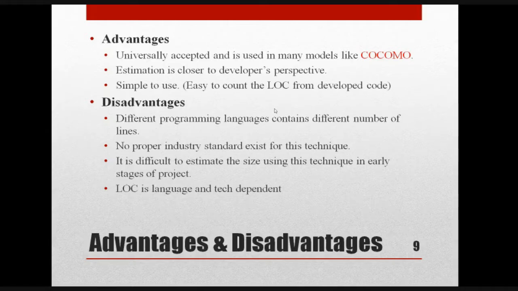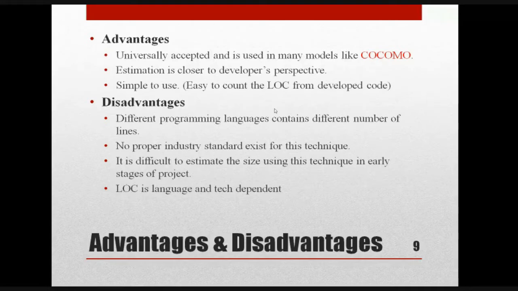So line of code is actually technology dependent. Okay, so you cannot apply line of code for all technologies, right? If you are using line of code, then the technology should be the same for the project which you are going to implement and the one which is already implemented. So all these things it is dependent.